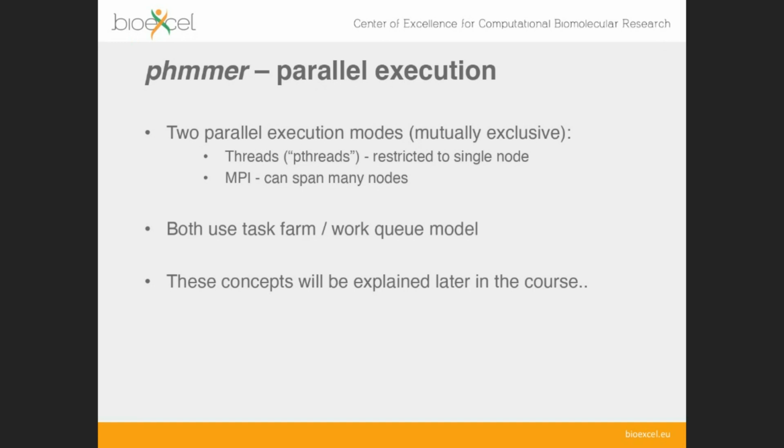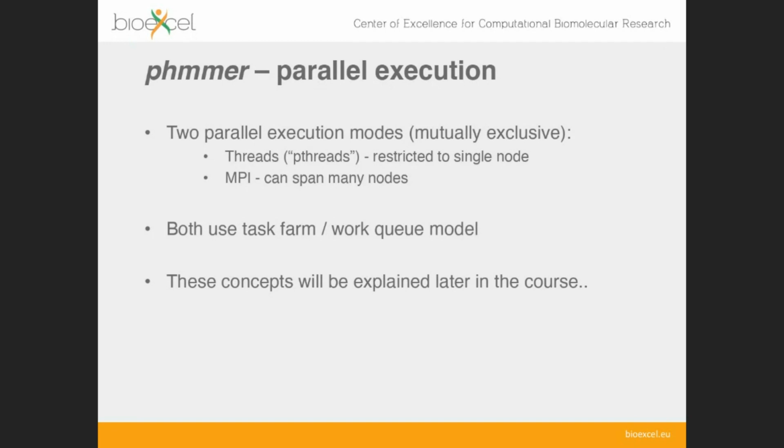You'll use that first and see how far you get, and how well it performs. Then you'll use another parallelization approach, using something called MPI, which you've mentioned a couple of times already today, which is basically getting phmmer to exchange messages between multiple instances of itself that are running concurrently on cores that may or may not be located on the same node.